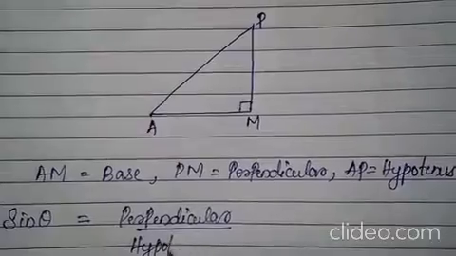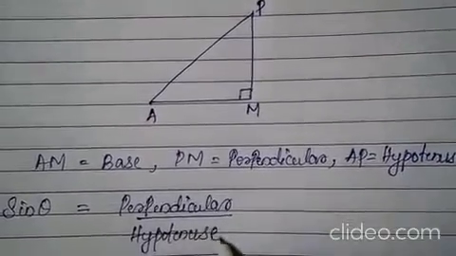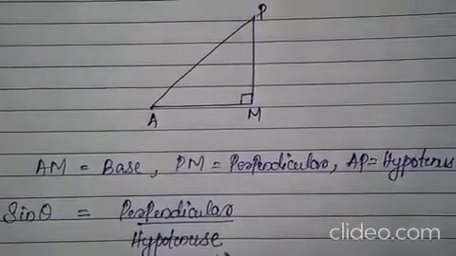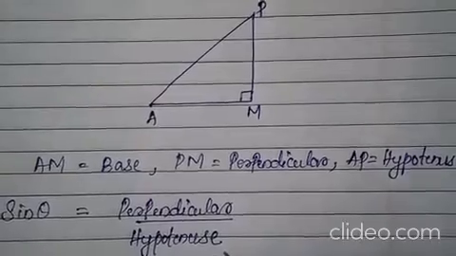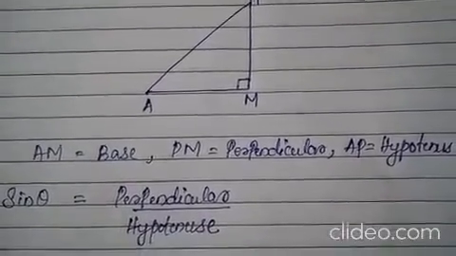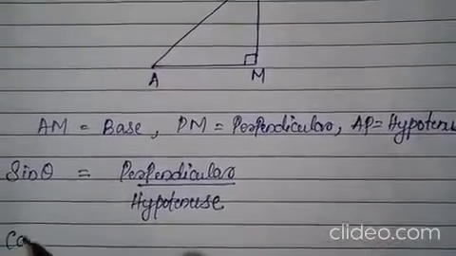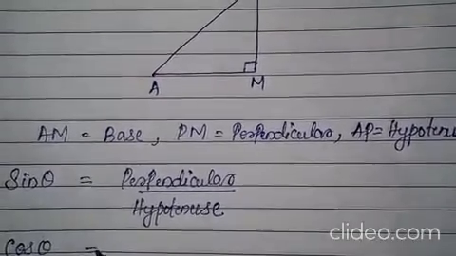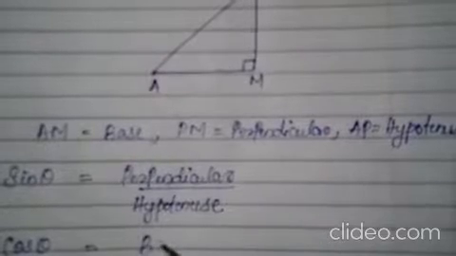Understood? Next one is cosine theta, or cos theta. Cos theta equals base by hypotenuse.